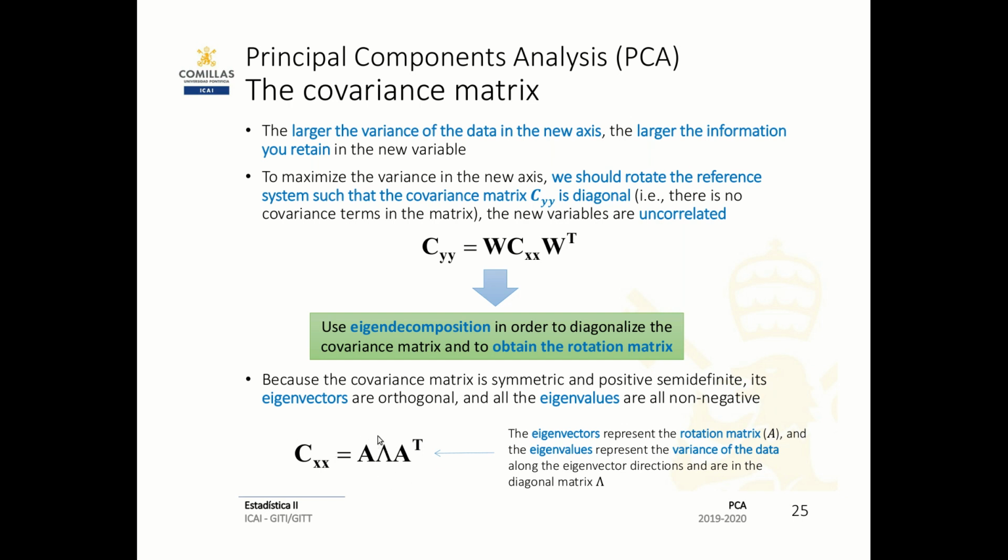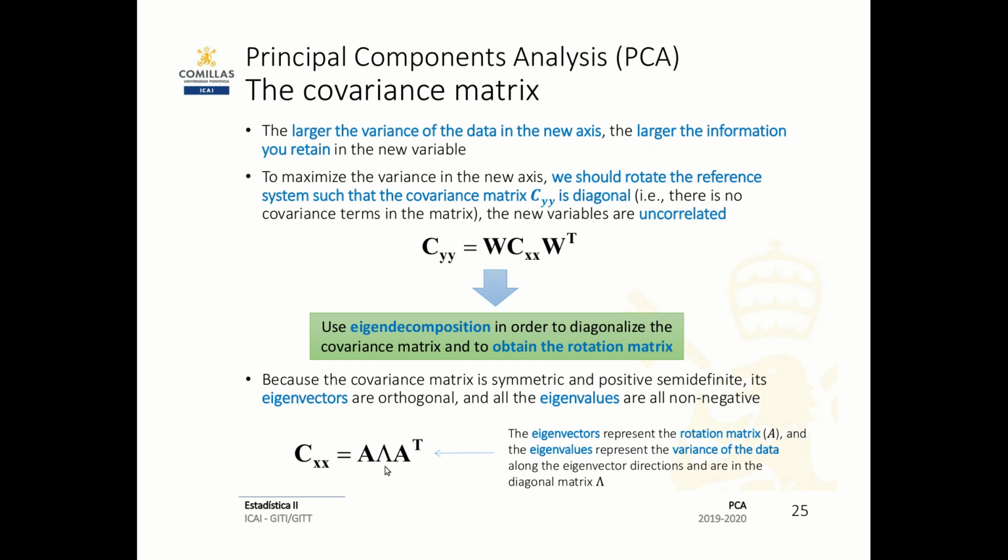If we do the eigendecomposition of the covariance matrix, lambda is a diagonal matrix, so that means that in the rotation indicated by the matrix A, the new variables will be independent from each other, because the remaining matrix will be diagonal.